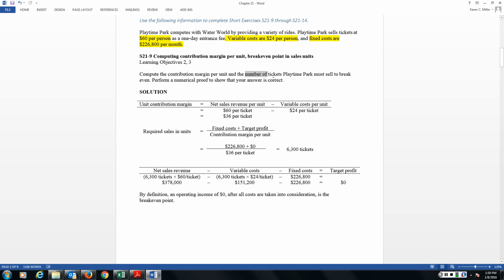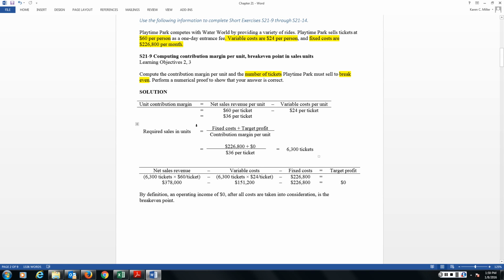Okay, let's make some decisions. How many tickets do I have to sell for this park to simply break even? Now realize that's not all we want to do, but at a minimum, I know that I have to sell X number of tickets before I can at least cover the cost that I'm incurring to run the park. So let's go back to our contribution margin approach, which is what we will use throughout this chapter.